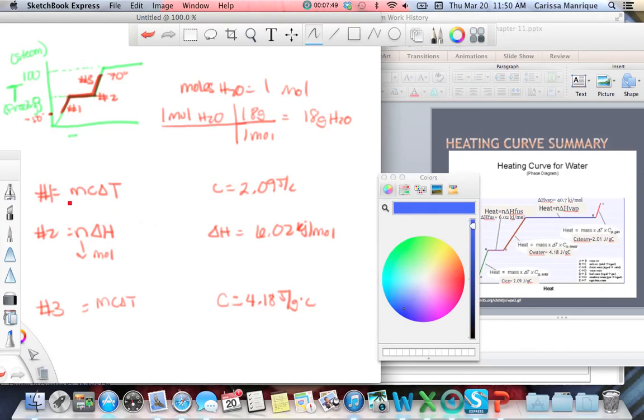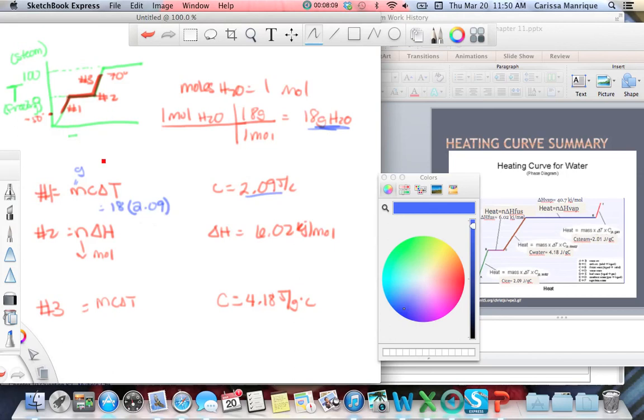Okay, so let's plug these in. For area number 1, we have MC delta T. M equals the mass in grams, so that's why I calculated grams right here. So we're going to have 18 grams multiplied by C, which we have as 2.09.